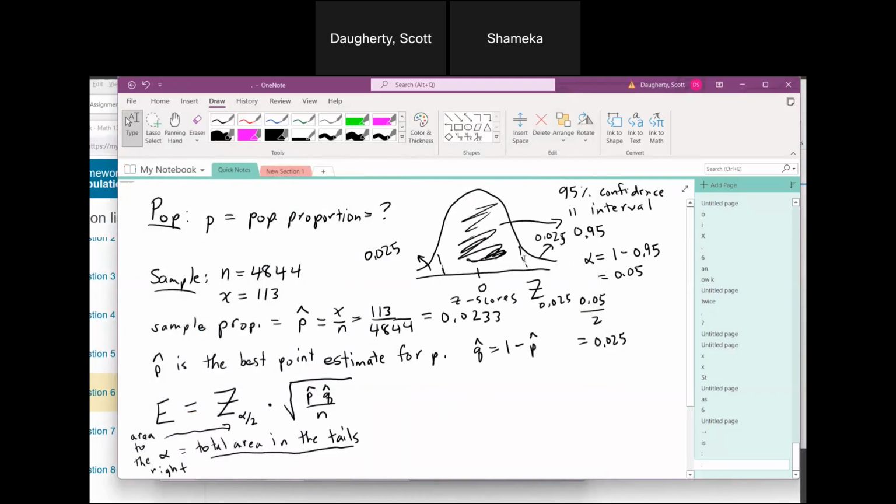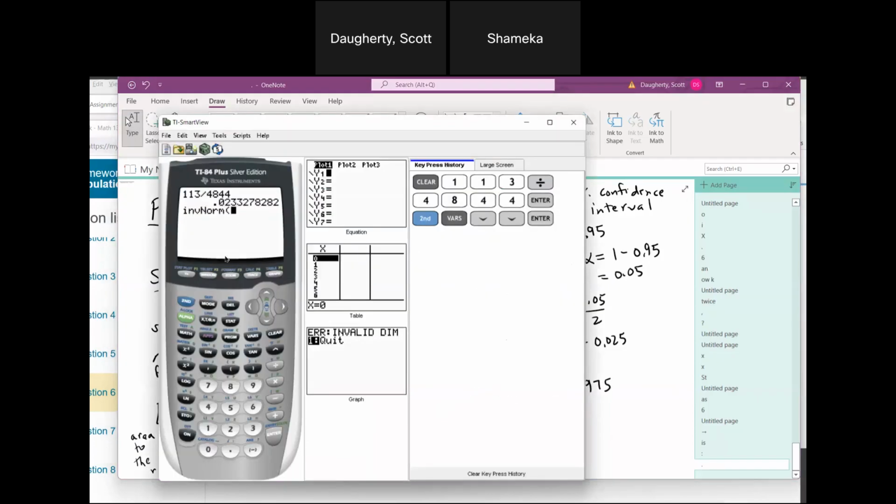So the area to the left of it would just be 1 minus it. So you just have to say 1 minus 0.025. And so the area to the left of it would be 0.975. And that's what you want to put in for your inverse norm. Area to the left of the z-score, not to the right.